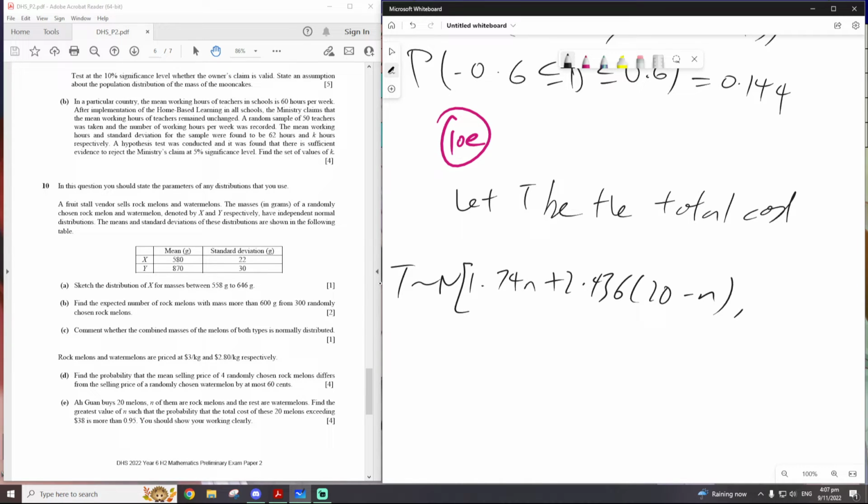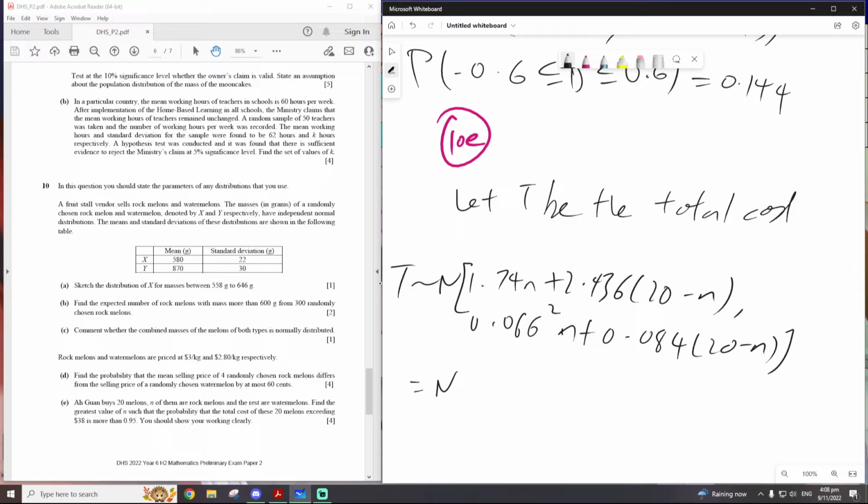Well, you take 0.066 squared, then multiply by n. This is the variance of the price of a rock melon, plus 0.084 squared times 20 minus n. And you don't square the quantities because you are taking independent observations, not scaling the values by that much. That's the difference. So leave it at that. And you can simplify this if you want.